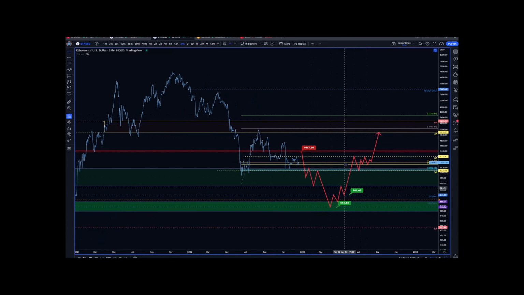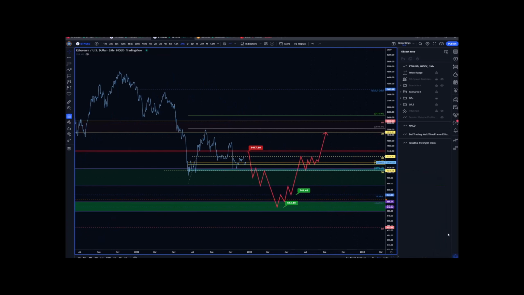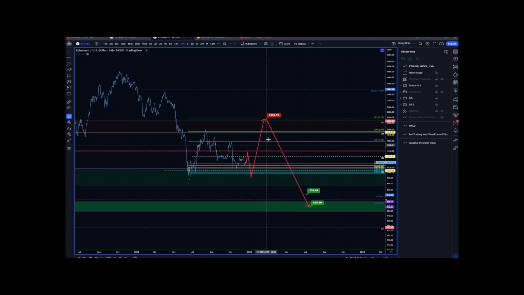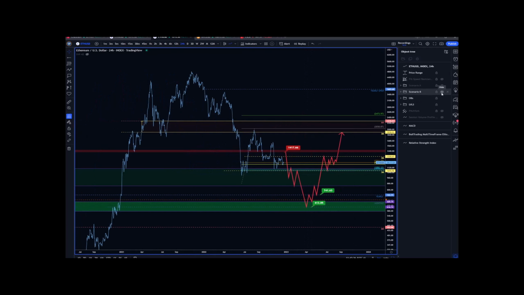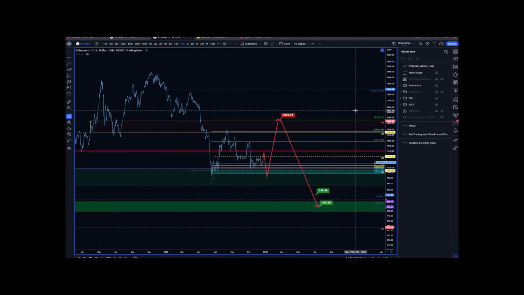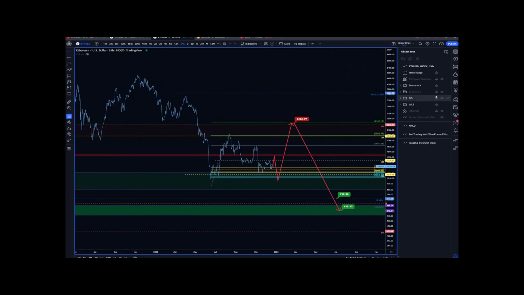I prefer the look of scenario A. I just prefer this look in order to get everyone bullish and then slam the door to get to these prices to create that liquidity. But with the way the markets are looking right now, this is pretty sexy as well. So I'm going to have to go with my gut and say this is probably going to be what happens, but do keep that scenario B on the table as well, where we continue to just bleed out.